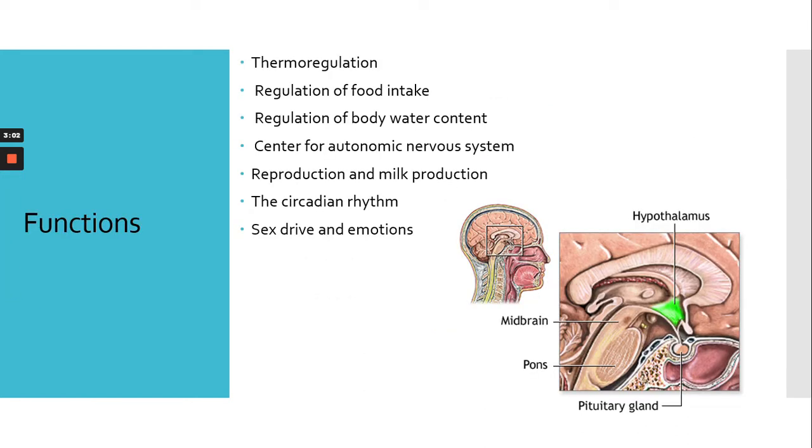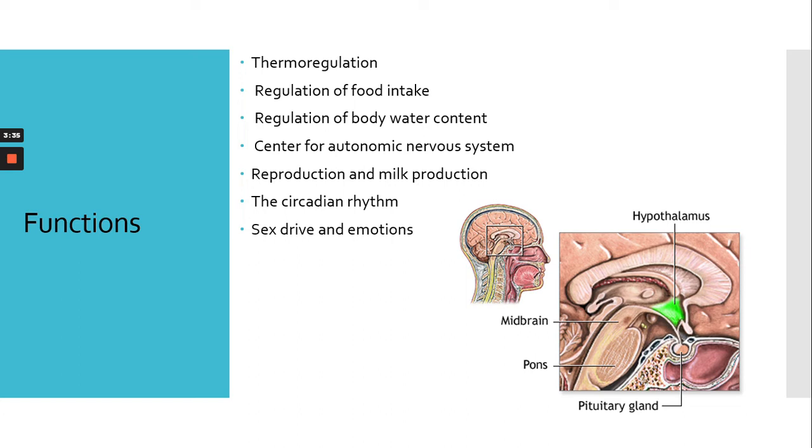So hypothalamus, like I mentioned, is a very important part of the brain, and that is because it has many functions, which is almost controlling the whole of the body. So it is involved in thermoregulation, food intake, body water content, center for autonomic nervous system, reproduction and milk production, and the circadian rhythm, and of course the sex drive and emotions.